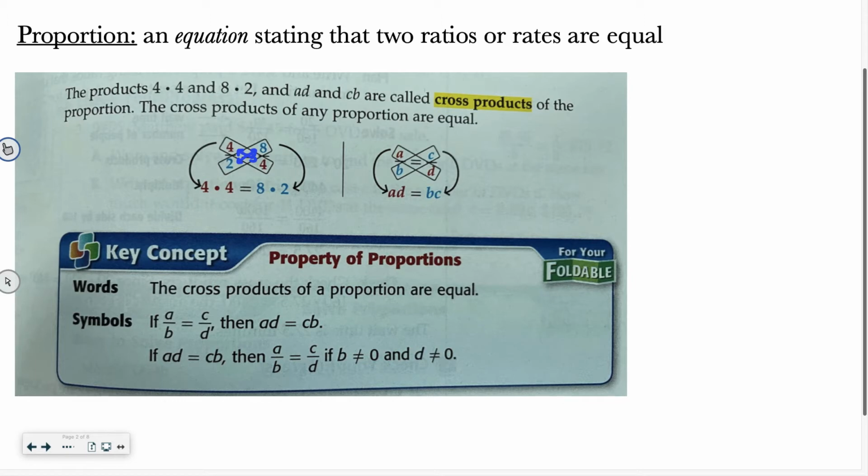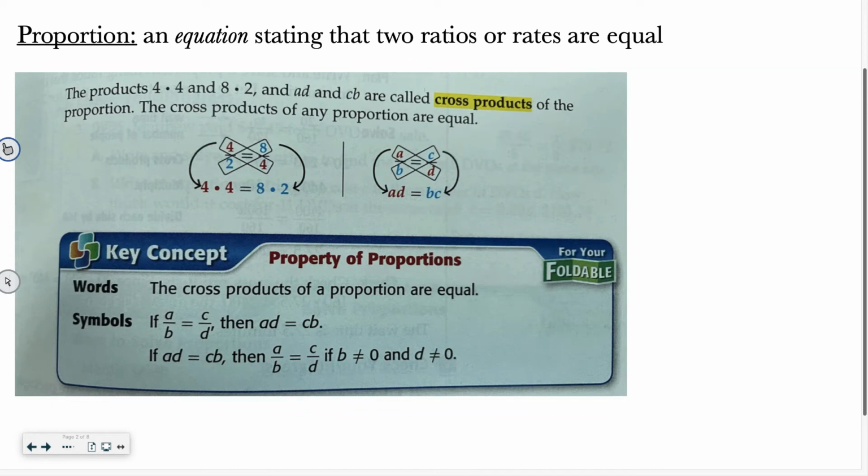So 4 times 4 equals 8 times 2. If you think about that, that's 16 equals 16. That's true. Okay? So it doesn't matter what numbers are there, you should be able to multiply the diagonals, and they should equal each other. And that's going to be really, really helpful as we do our assignment.